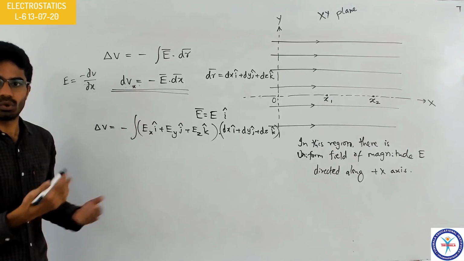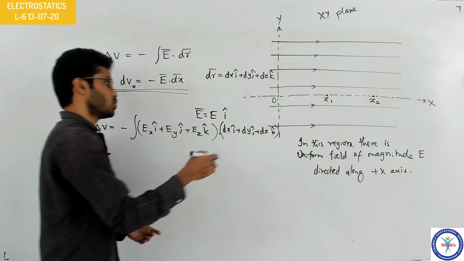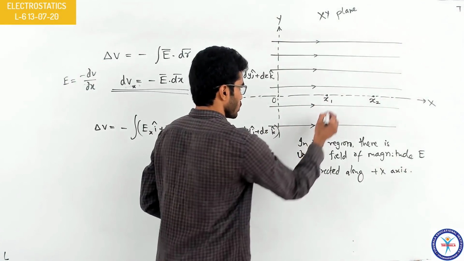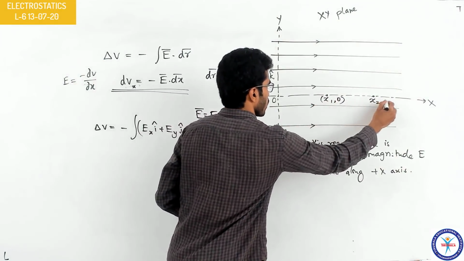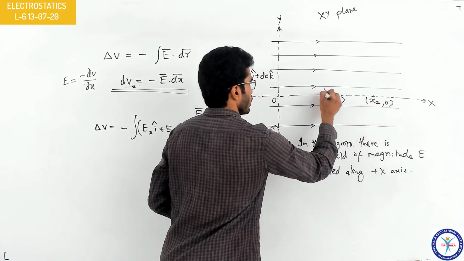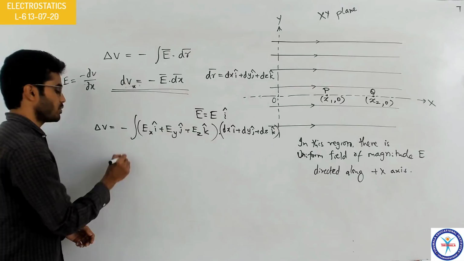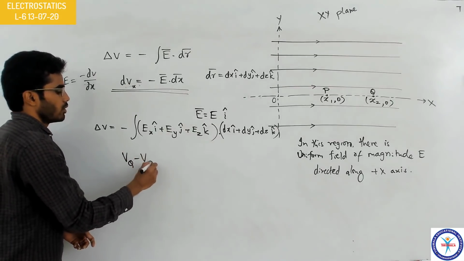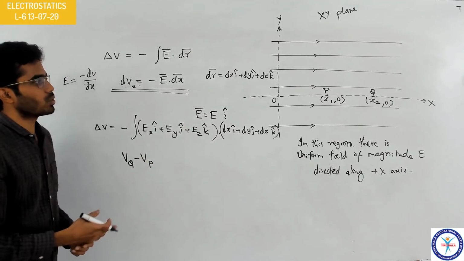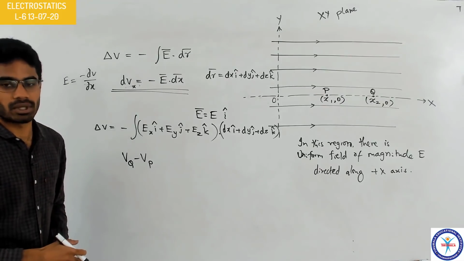Now we have 2 points, x1 and x2, with coordinates (x1, 0) and (x2, 0). This is P and this is Q. Let us find the potential difference between Q and P, that is, we want to calculate VQ minus VP.